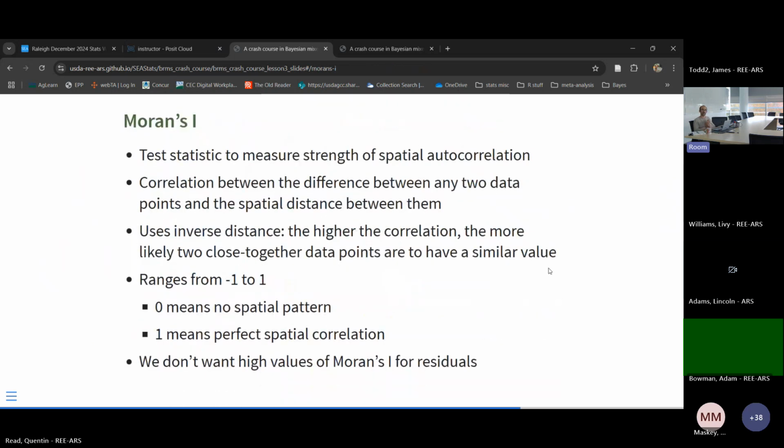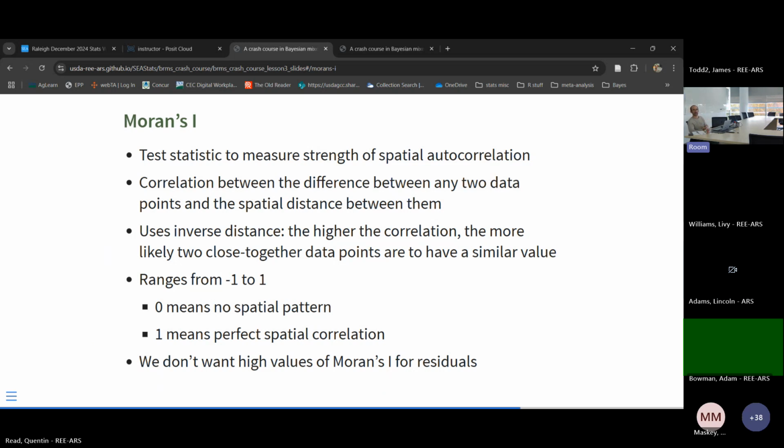But there's also a formal test statistic that you can calculate to measure the strength of the spatial autocorrelation. This is like what the variogram would show, if you make a plot of it. It's called Moran's I statistic, which is basically the correlation between how far apart two data points are in space and how far apart their values are.